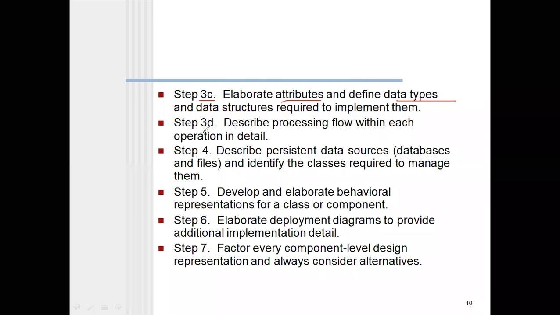Next, coming to the third D, describe processing flow within each operation in detail. It states that if you want to perform one operation, how it is going to execute in a step by step manner.